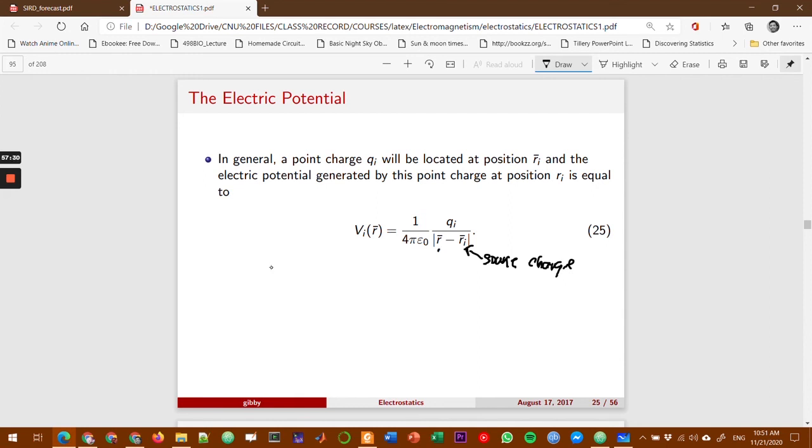And this one is the field or location. Right? That is where you want to calculate your electric field. In different books, usually in our case, we'll be using R. Where R is given by this one.